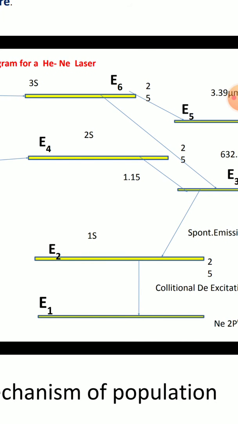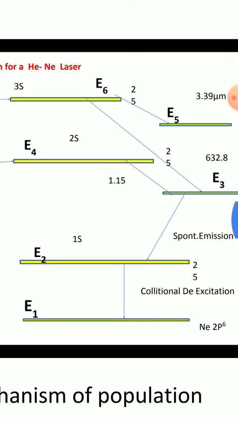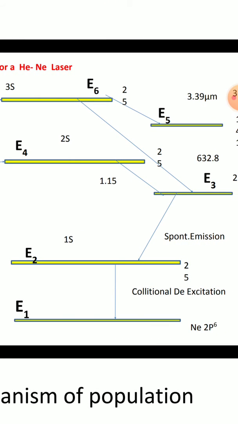In the 3s level, the transition from E6 to E5 gives you a 3.39 micrometer laser, whereas in the 3s level only, a transition from E6 to E3 gives a 632.8 nanometer laser. If there is a transition from E4 to E3, then there is a 1.15 micrometer laser.